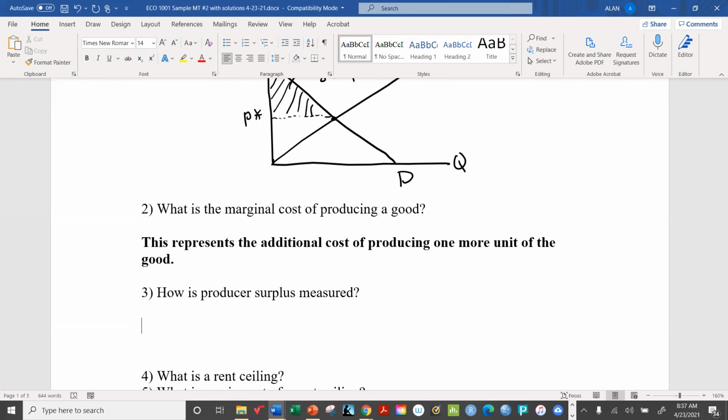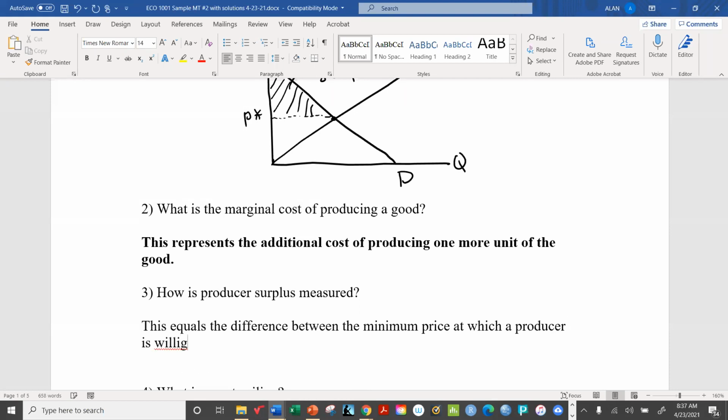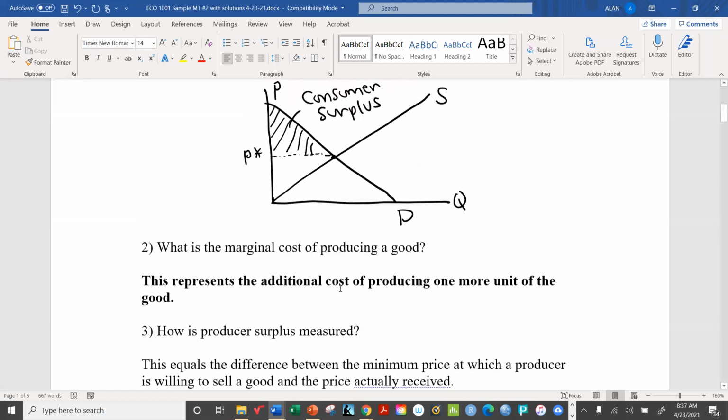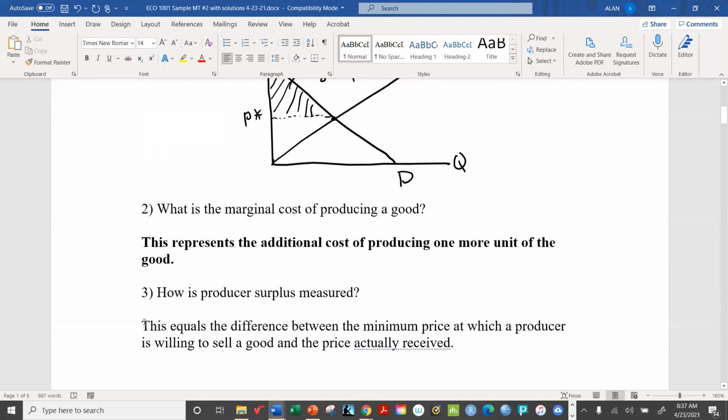All right, now producer surplus is from the perspective of the producer. Often they can sell a product for more than the minimum at which they're willing to sell it. So we say this equals the difference between the minimum price at which a producer is willing to sell a good and the price actually received. All right, so let me make this a complete sentence here.